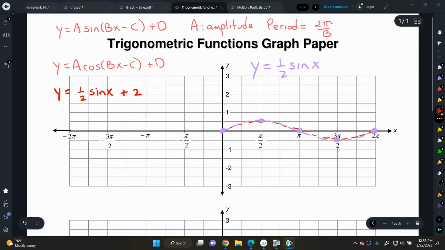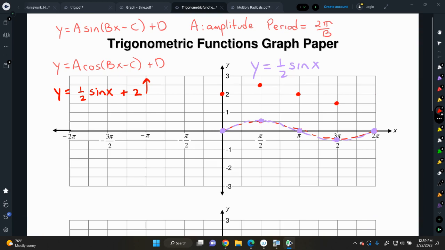Okay, now we're ready to do the plus 2. Each one of these points is going to move up 2. So from 0, I move up to 2. From 1/2, I'm moving up 2, so that's going to be at 2.5. From 0, we move up to 2. From -1/2, I move up 2, which means it'll be at 1 and 1/2.